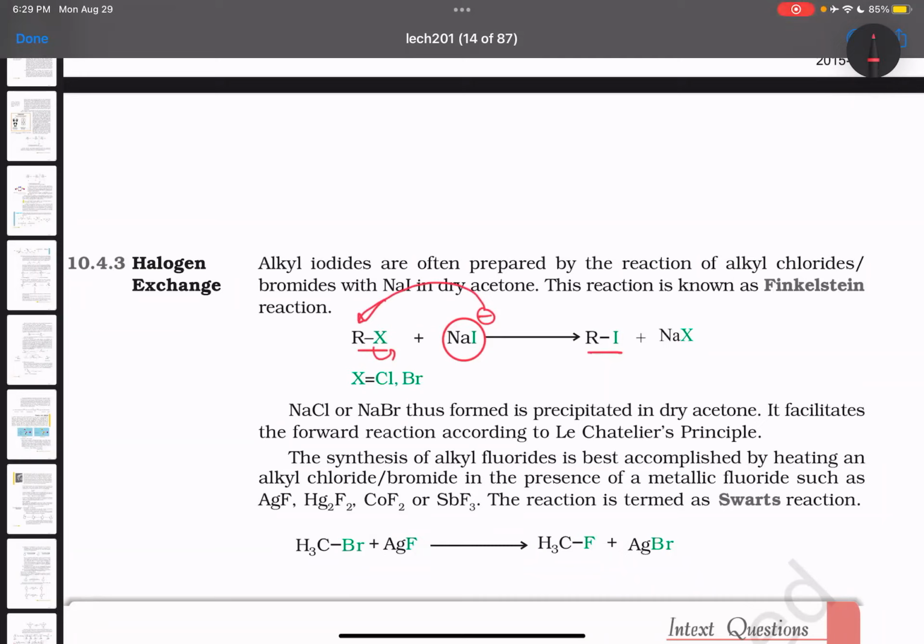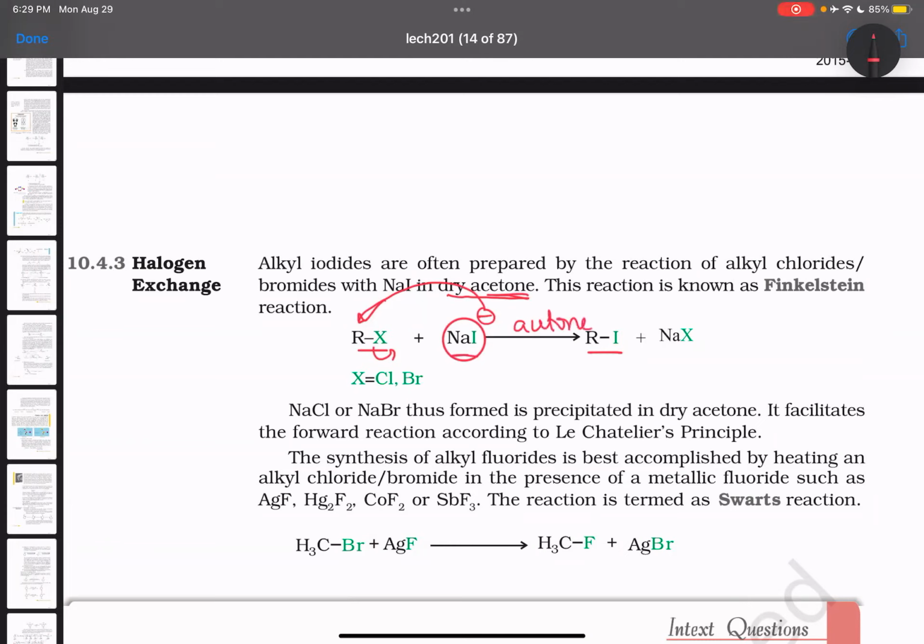So sir, how is heat involved in this reaction? Actually, a little bit of heat you can give, but the most important thing is acetone, the solvent. Because you need to take something in which the sodium iodide can dissolve because it needs to react.